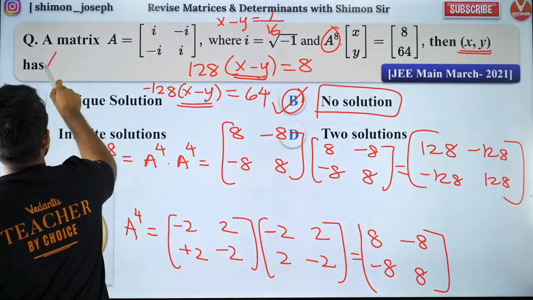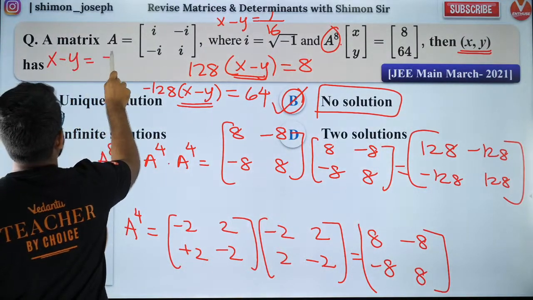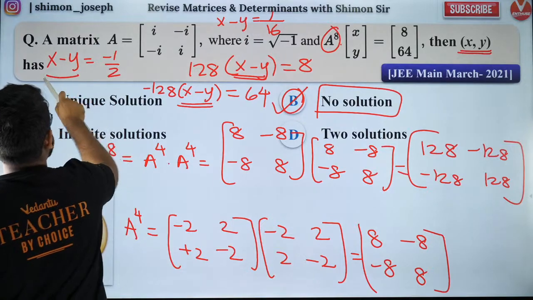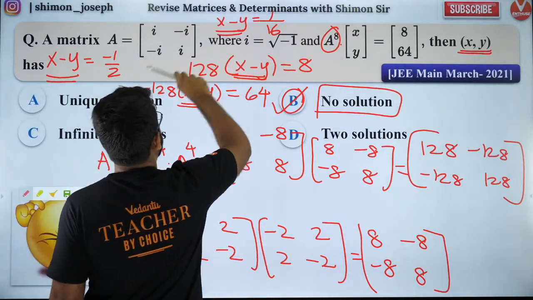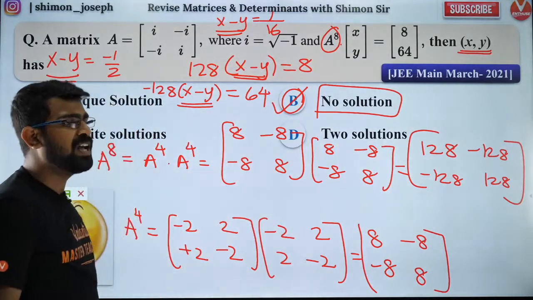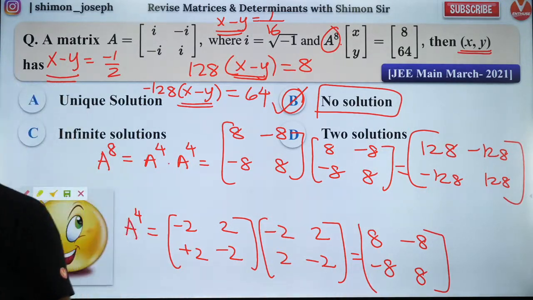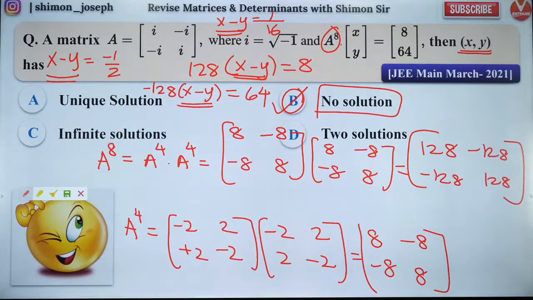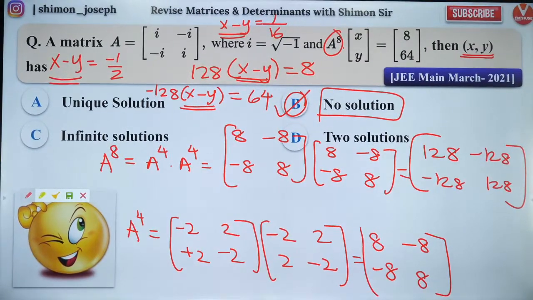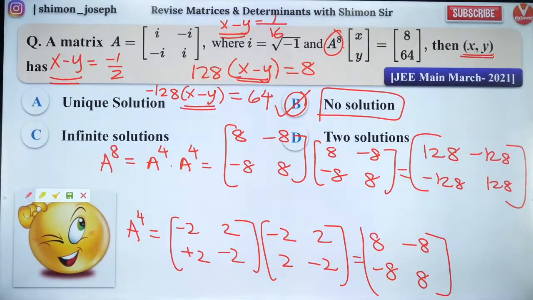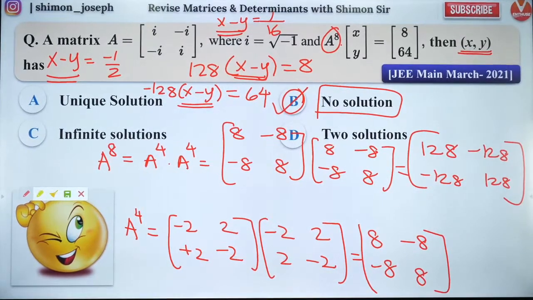But here I will get x minus y to be minus 1 by 2. So how can x minus y take two different values? That is not possible, and hence there is no solution. Are you all okay with it, everybody? Yes, I hope you're all aware of it, you're all getting it. In case you have a doubt, please feel free to ask.